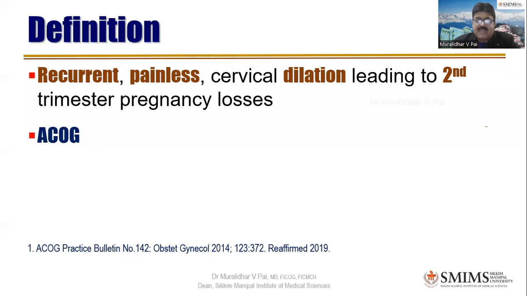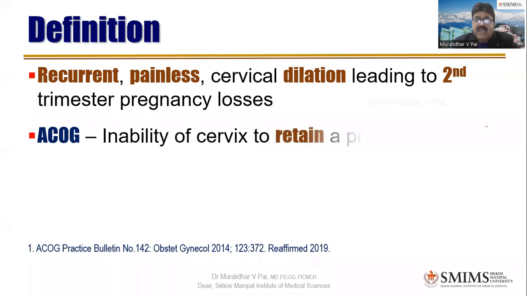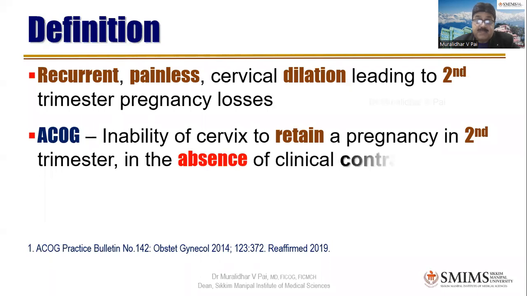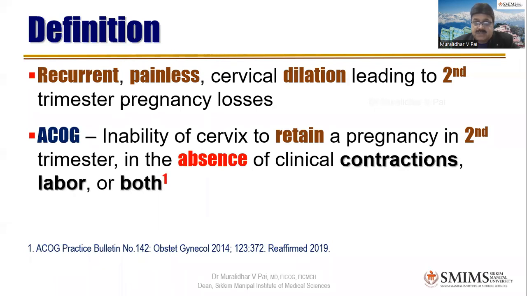ACOG has slightly twisted the definition, but essentially the meaning is same. Inability of cervix to retain a pregnancy in second trimester, which obviously means second trimester loss. In the absence of, they are more explicit, in the absence of clinical contractions, instead of saying painless, they are more explicit by saying no contractions leading to cervical effacement or shortening, or labor, or both.